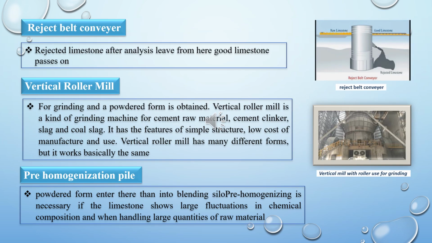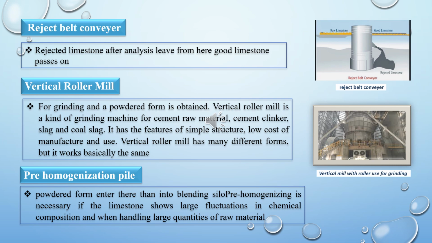Next one is the reject belt conveyor. Rejected limestone after analysis leaves from here, good limestone passes on. What does it mean? Students, when you feed your limestone toward the cross belt analyzer, good quality limestone is transferred toward the plant for the next process.